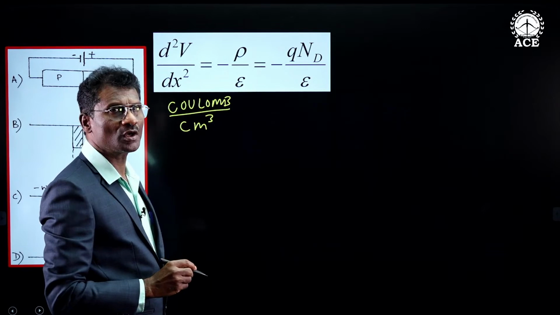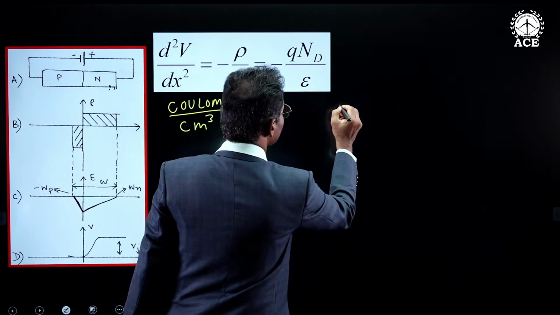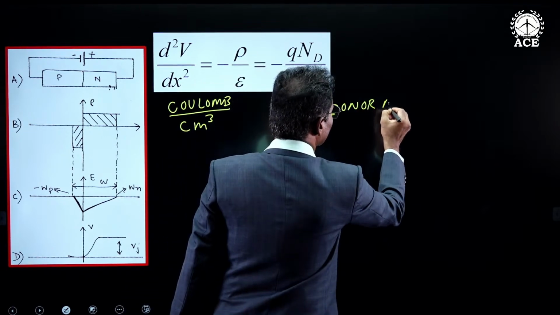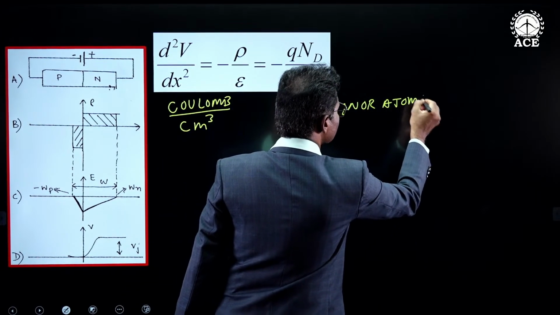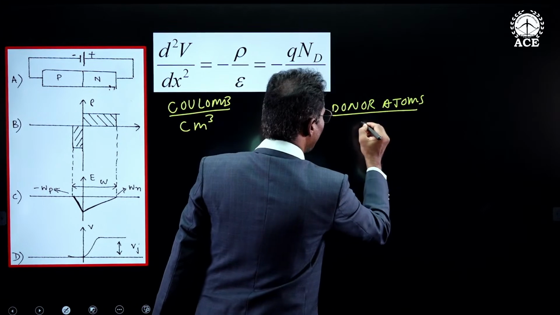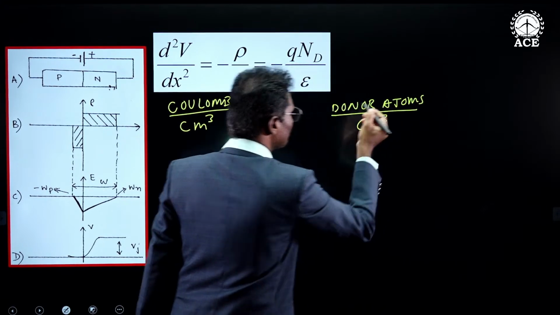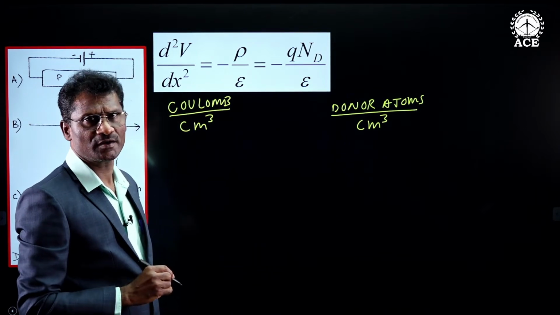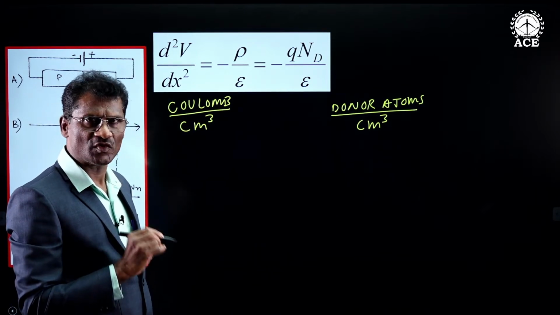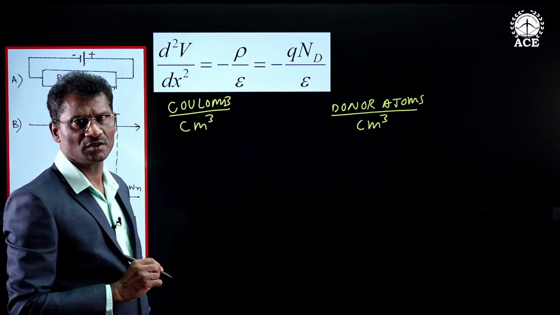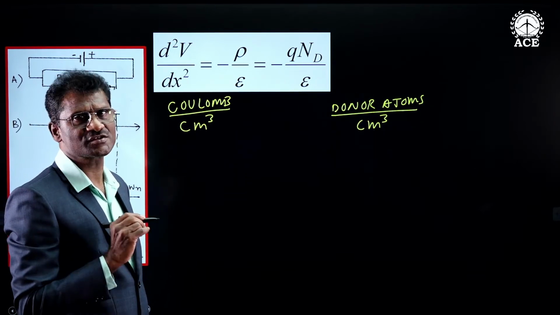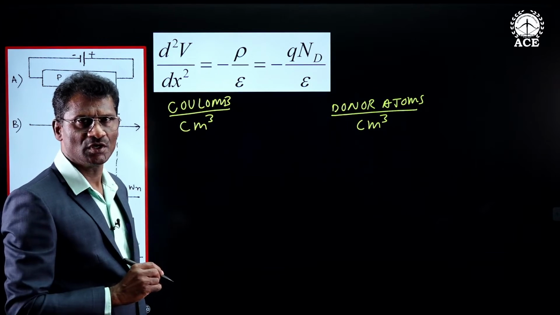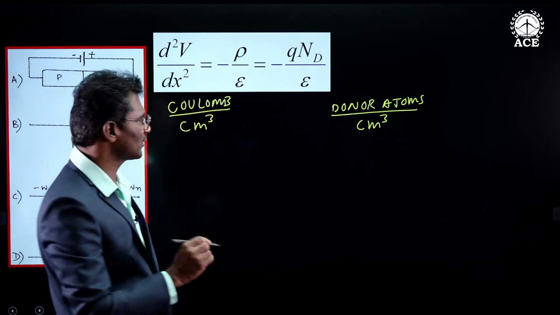Nd is donor concentration, that is number of donor atoms added per centimeter cube. A donor atom is a pentavalent atom. It has 5 electrons in valence shell and has 1 excess electron. 4 electrons will sit in 4 covalent bonds, and there will be 1 excess electron.